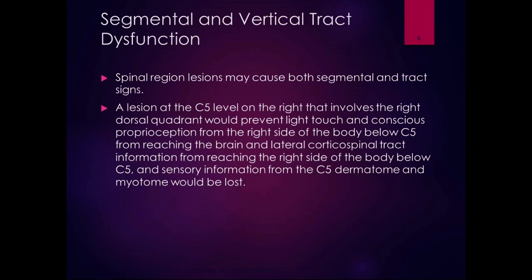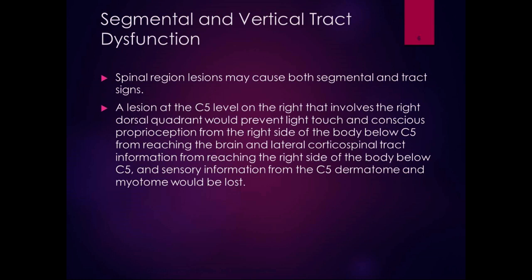So spinal region lesions may cause both segmental and tract signs depending on where the lesion is. So a lesion at the C5 level on the right that involves the right dorsal quadrant of the spinal cord. In the dorsal quadrant, remember, we have the dorsal horn, which carries sensory information, and the dorsal column, which carries sensory information.